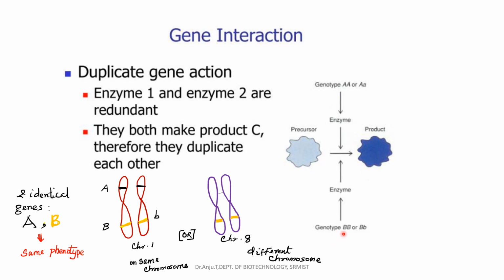In the same way, the same pathway is followed by gene B, producing enzyme B, which converts the precursor into the product. So both actions are duplicate, redundant actions. That is called duplicate gene action. They duplicate each other.